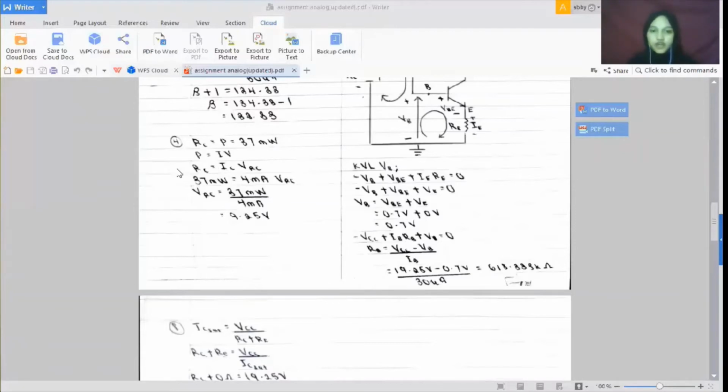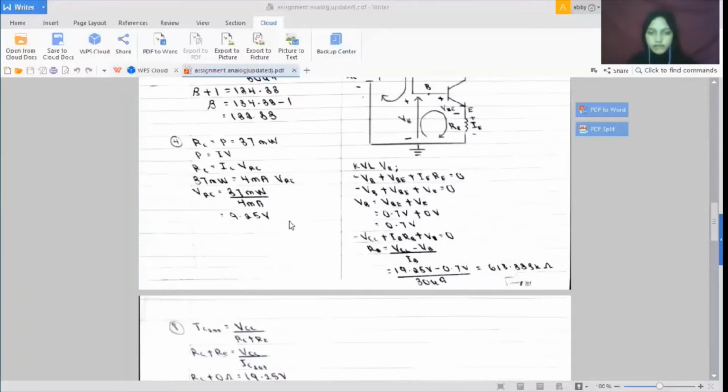So PRC is equal to IC times VRC. Just enter the values for PRC and IC and rearrange the equation because we want to find VRC. So VRC is equal to 37 millivolt over 4 milliampere, and we will get 9.25 volt for the value of VRC.